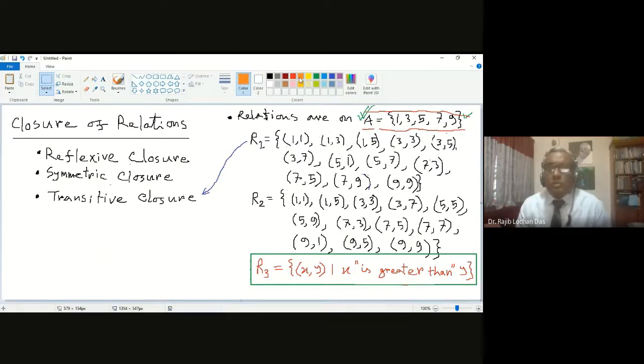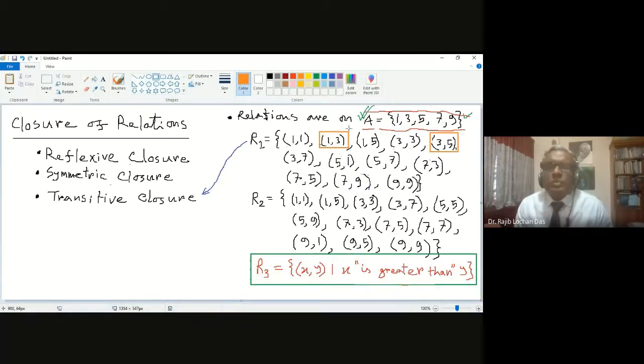Say (1,3) and (3,5). Say (1,3) is the first, (3,5) is the second. So these are the two items. Then what do you need? (1,5), which is present. Yes, sir.